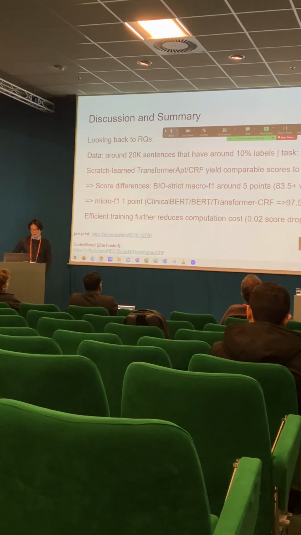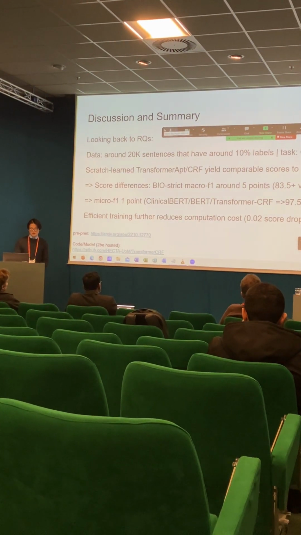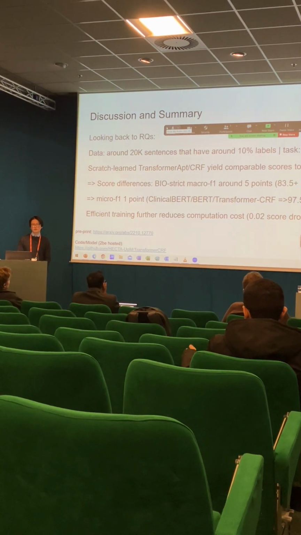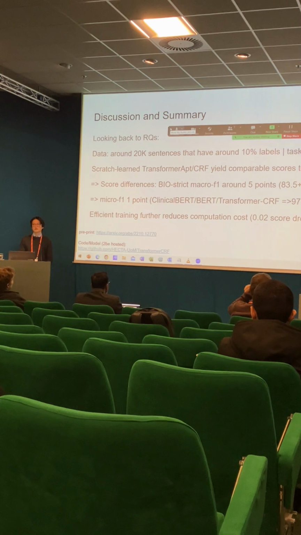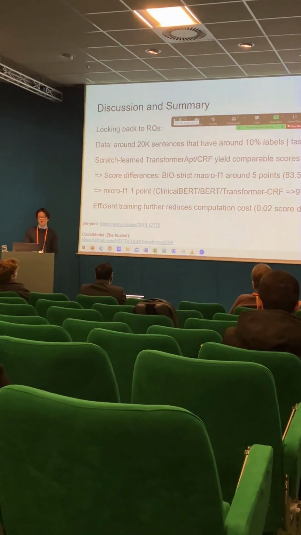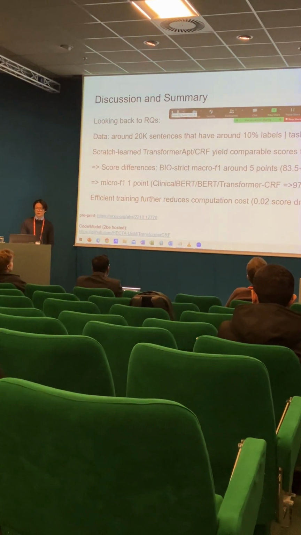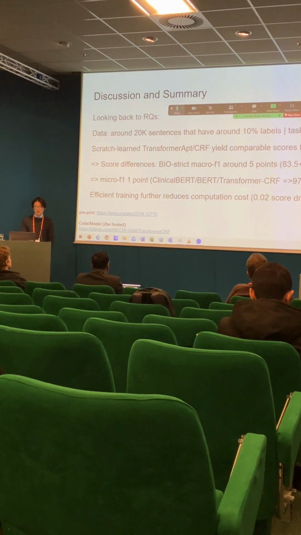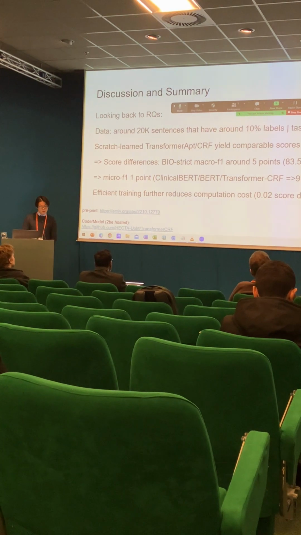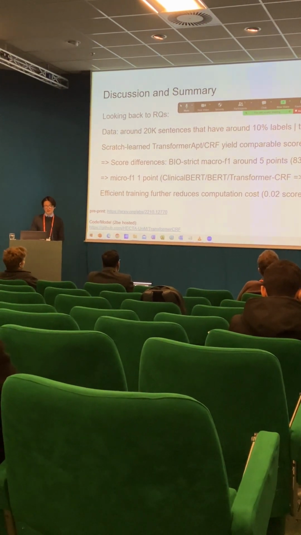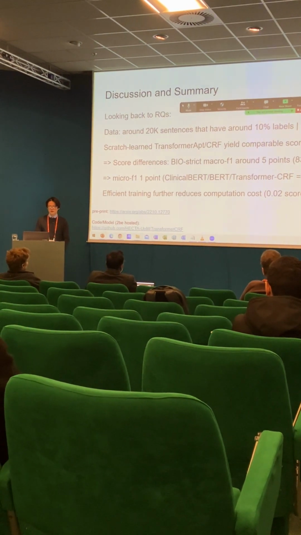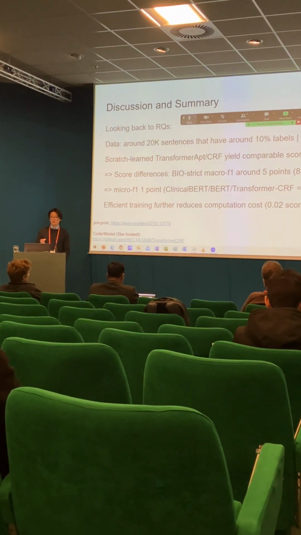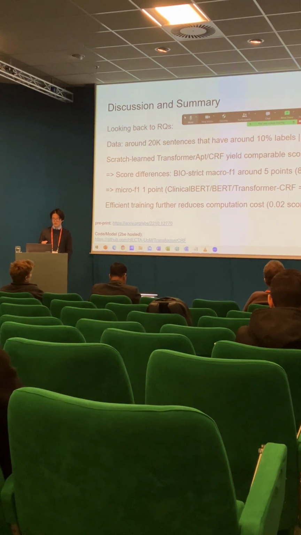In summary, looking back at our research questions about comparing a pre-trained language model with fine-tuning against training your own model from scratch, whether it's worthwhile, and how much data would be enough. From this experiment, we learned that around 20,000 sentences with 10% labels is good enough to produce reliable outcomes.